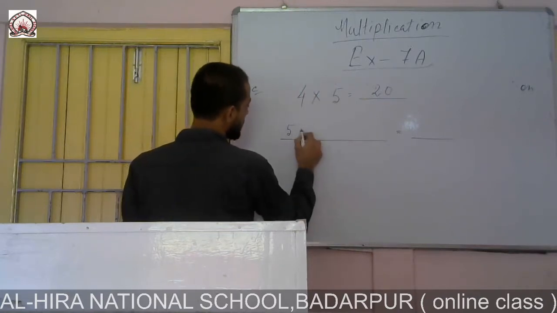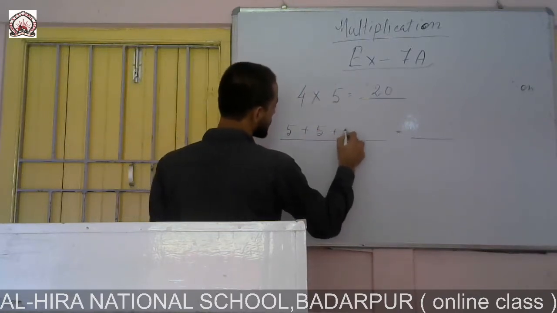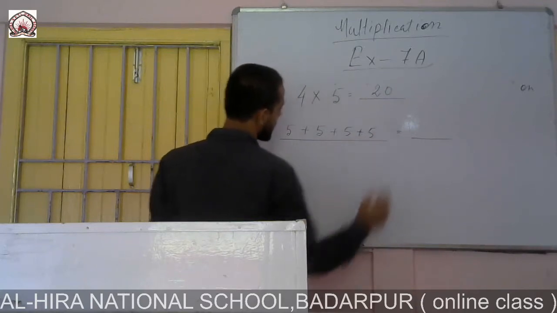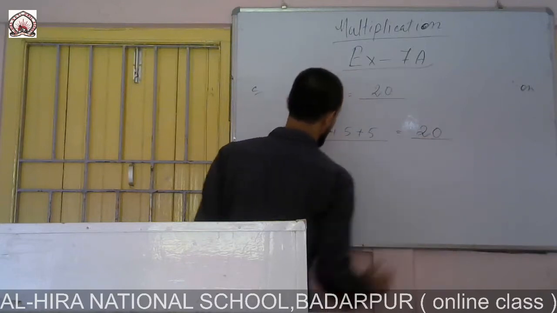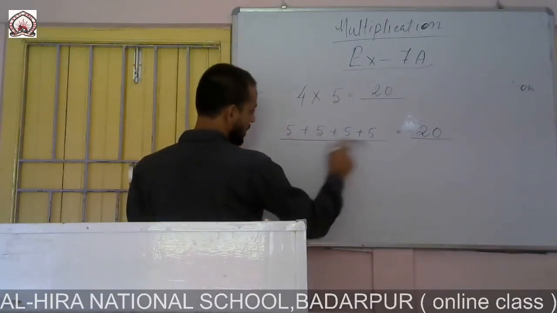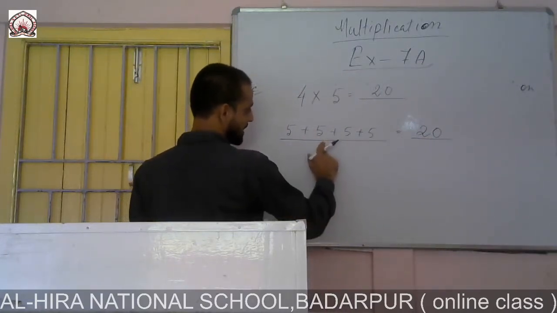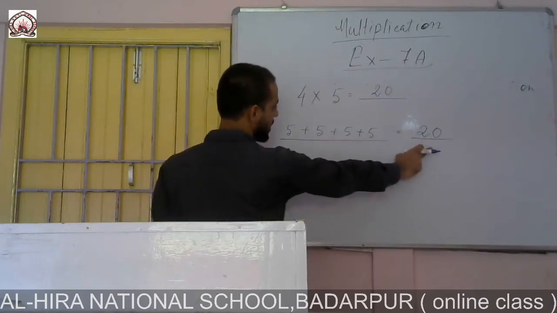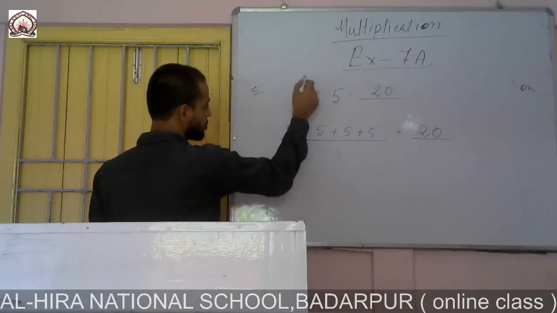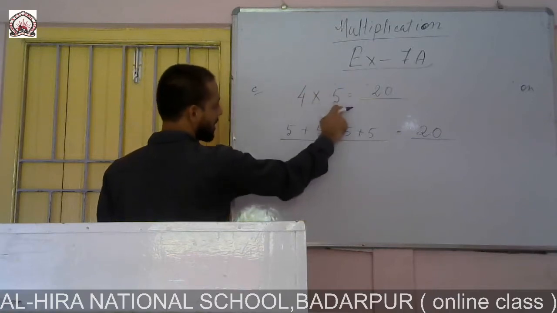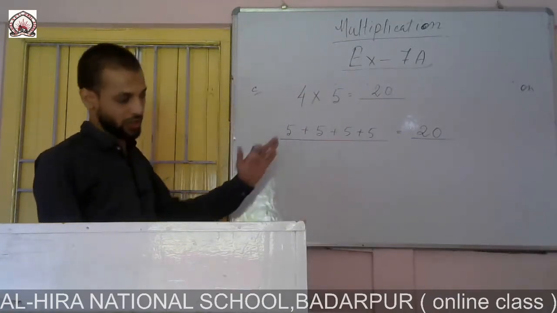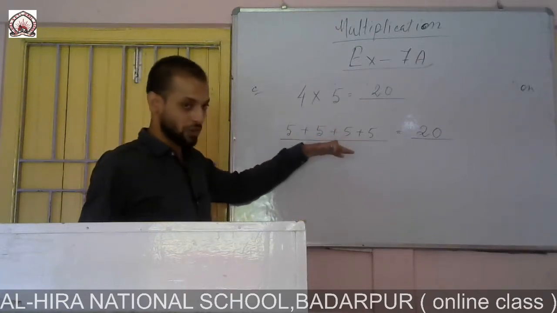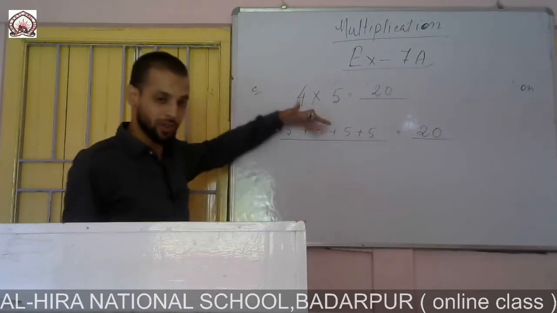So 5 plus 5 plus 5 plus 5. 5 plus 5 is 10, 10 plus 5 is 15, 15 plus 5 is 20. We will get 20. So four 5s are there, and the result of four 5s is 20. If we add four 5s together, we will get 20. If we multiply 4 into 5, we will get 20.